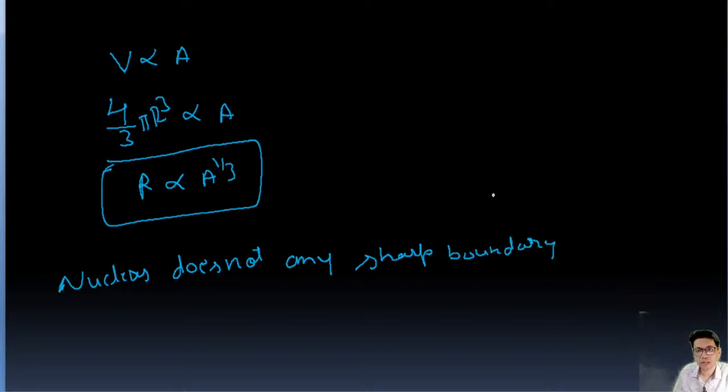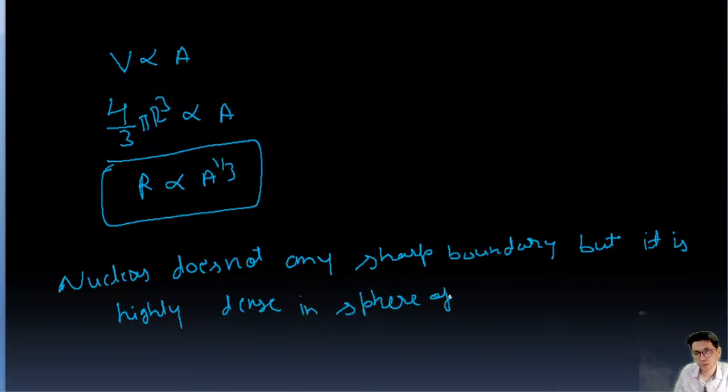But a very important point, guys, it is highly dense in the sphere of radius capital R, okay. So the nucleus doesn't have any sharp boundary, but it is highly dense in the sphere of radius R.